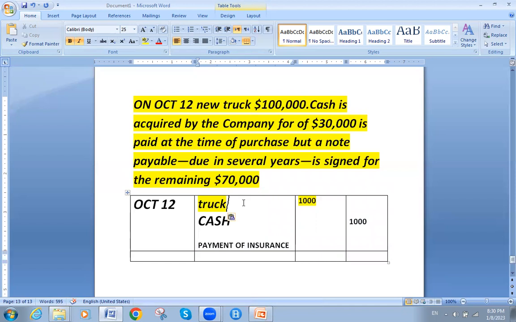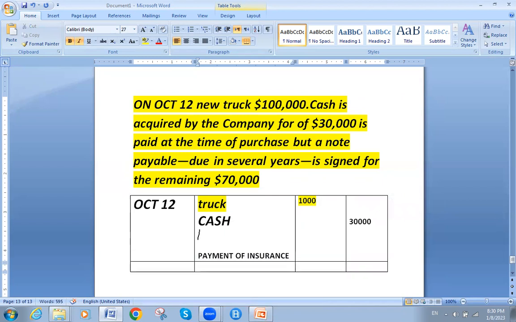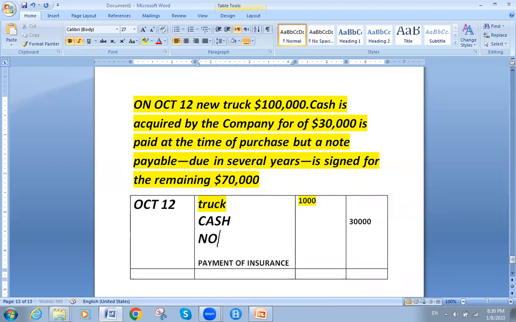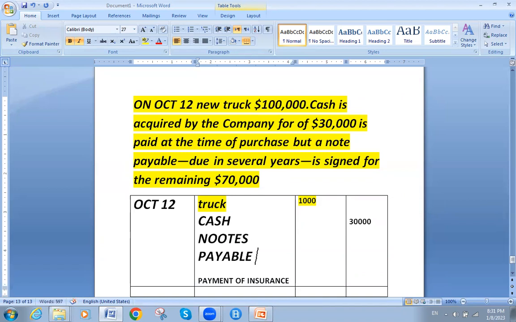Then the other side is cash. For how much? The cash is 30,000. We get cash for 30,000. And the other thing is notes payable, since we said we sign a check for 70,000.